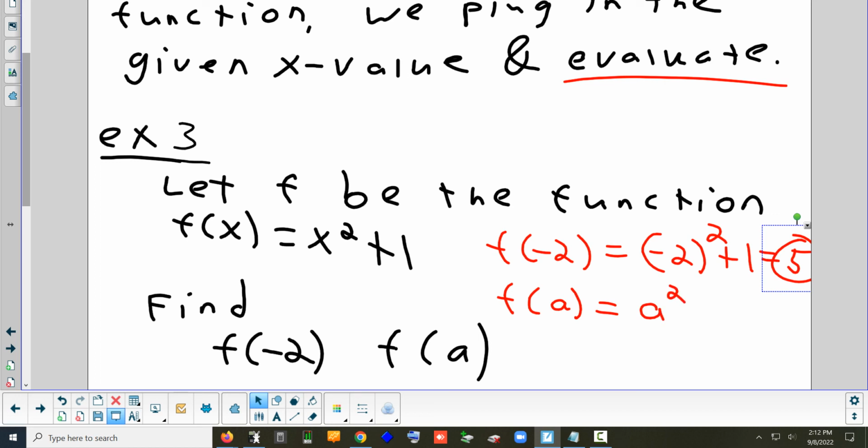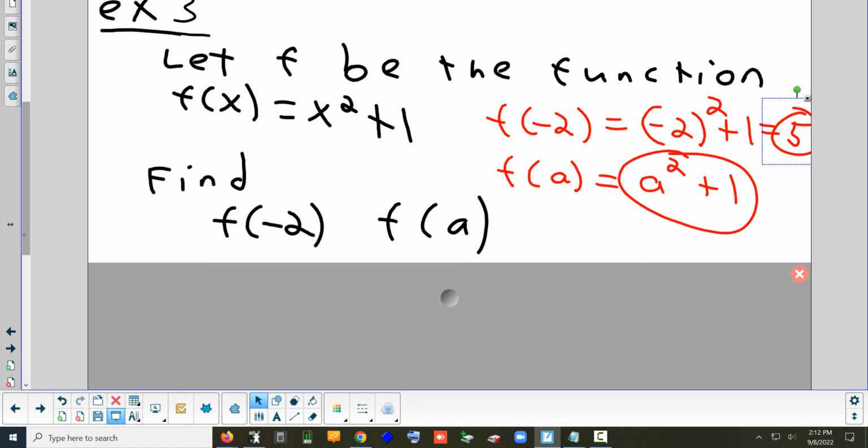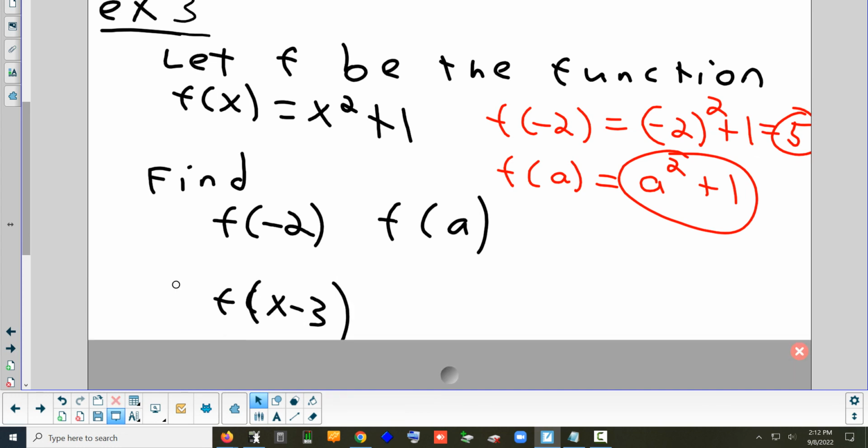Plus 1. So this time, when you fill in a variable, you can't really simplify it. You've plugged in what they told you to, and you're done. It's a squared plus 1. Okay. Any questions on that?